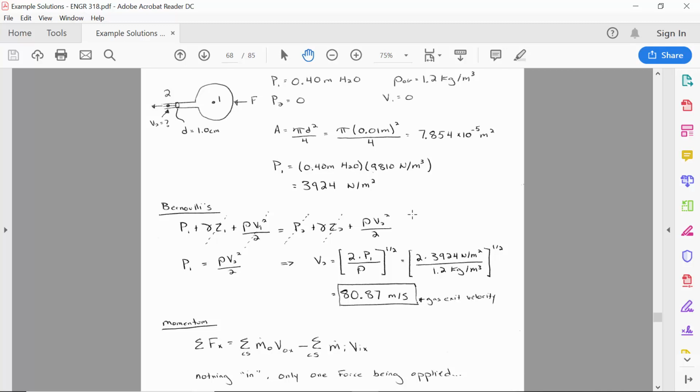Okay, so if we've got that much pressure, it's going to be forcing the air through that little opening at a velocity of 80.87 meters per second. So that's the velocity that we get. That's the gas exit velocity.